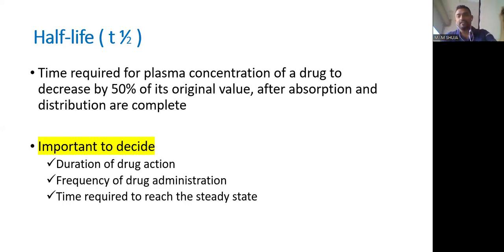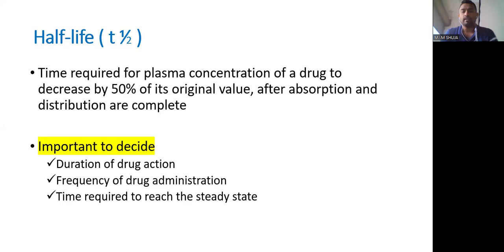If it is 100 at time 0, by time x it should be 50, half. If the initial value is 50 at time 0, at time x it should be 25, half. Half reduction from its original value. The time taken for the half reduction from its original value is T half.